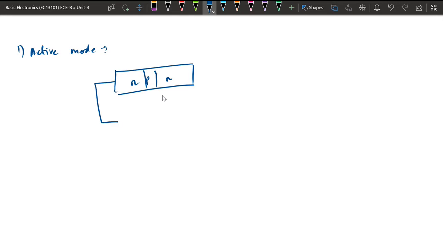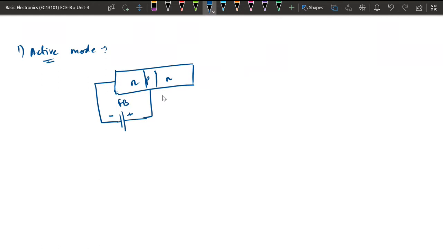To forward bias this NP region, we have to bias the N region with the negative terminal and the P region with the positive terminal. So this is forward bias.